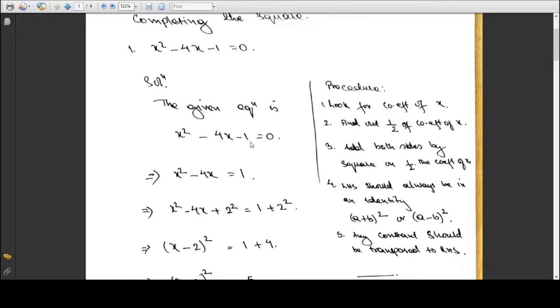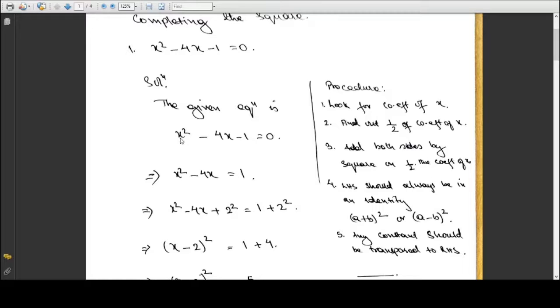This is the procedure that you will be doing for all the problems by completing the square. Now let us move ahead with this. Remember, these are the procedures that you have to keep in mind.